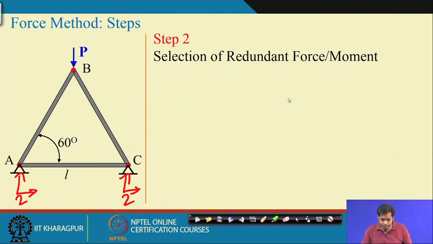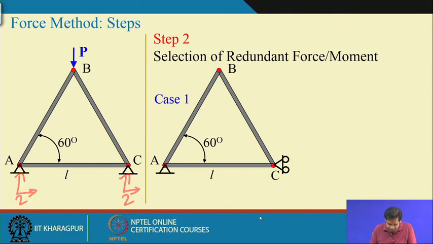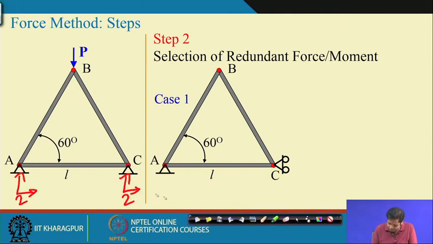Okay. Now, in case 1 we can take the vertical reaction, Cy, as the redundant force.